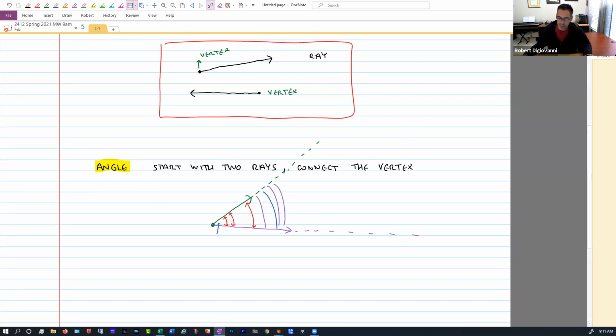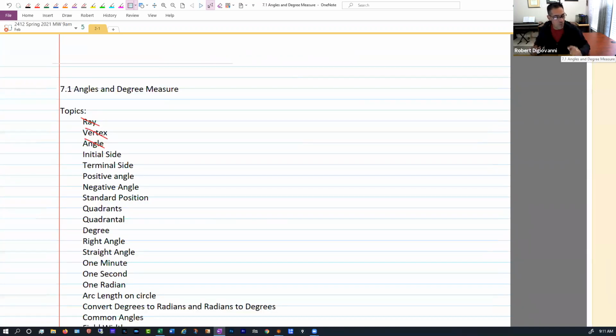All right. So we're doing a little hand waving here, which means we're kind of giving up a little bit. Okay, initial side. So when you measure an angle, I'm going to do initial and terminal side together here.